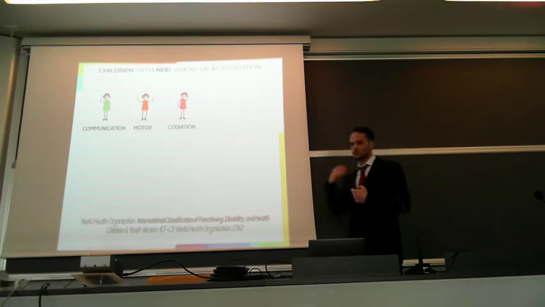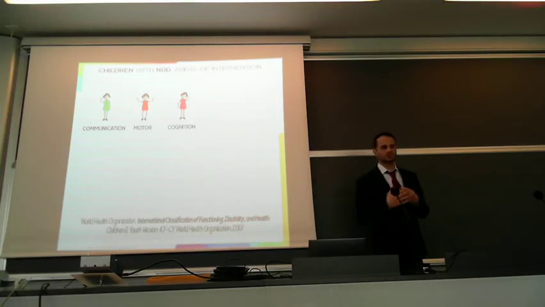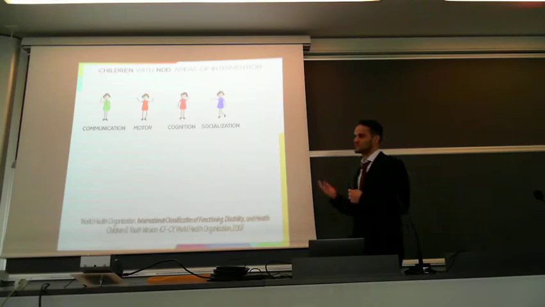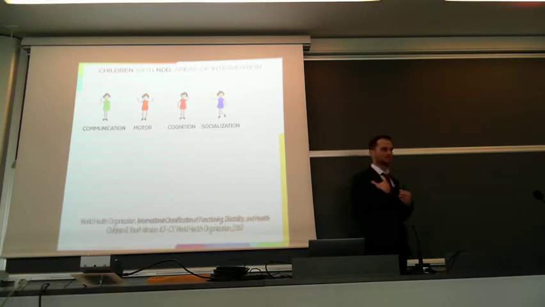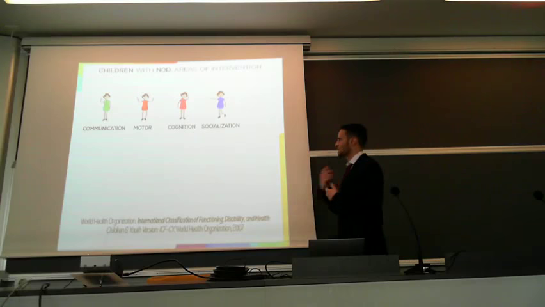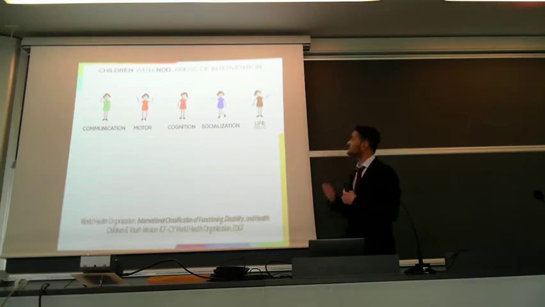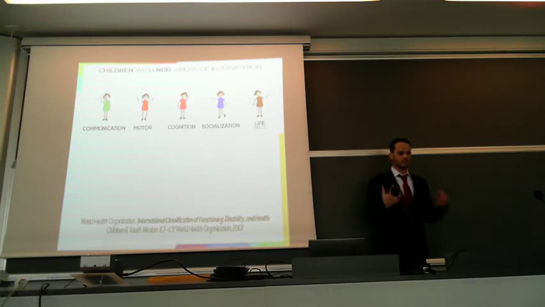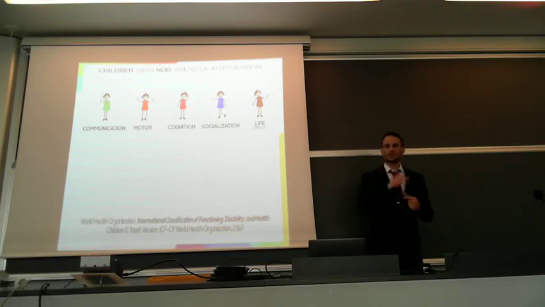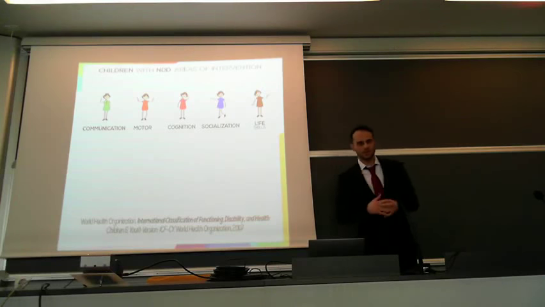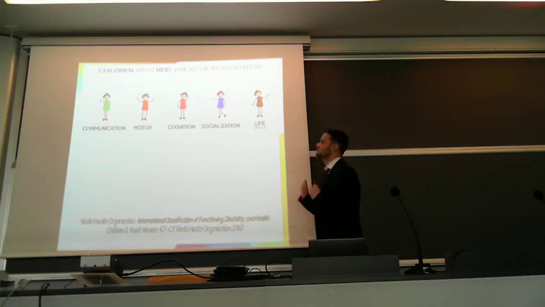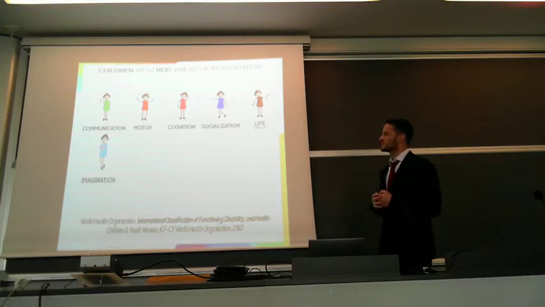Then we have cognition, the ability to memorize, to pay attention, to clearly understand what's happening around. Socialization, the ability to socialize, to create a connection with others, to respect social norms. And then life skills, the ability to take part in the society in different ways, like even brushing your teeth, wearing clothes, and many others.